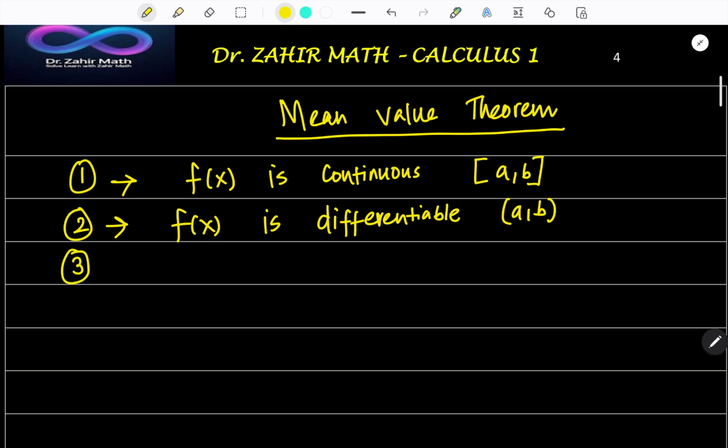Okay, step number 3, what is that? It's so easy. Come on, quickly tell.